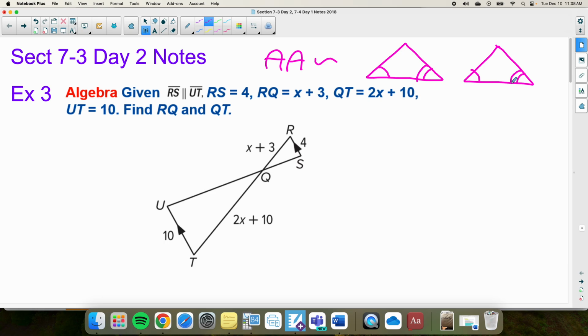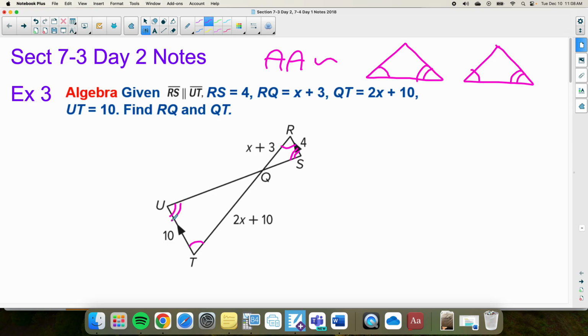So if you guys look at this, they tell us that these 2, RS and UT, are parallel. What kind of angles should we look for? Alternate interior. Do you guys get that R and T are alternate interior and S and U are alternate interior?